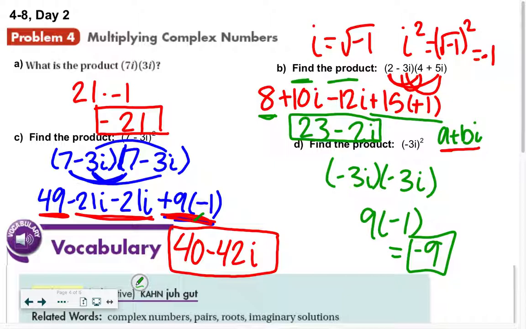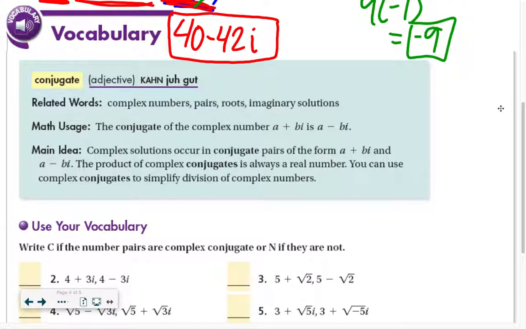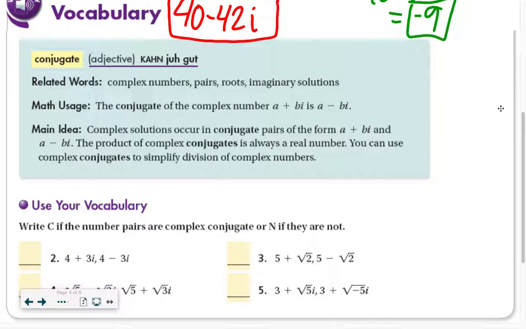No? Okay. Have you guys ever heard of a conjugate? What is a conjugate? Okay, an English conjugate. In math, pretty much what it means is you take your opposite.